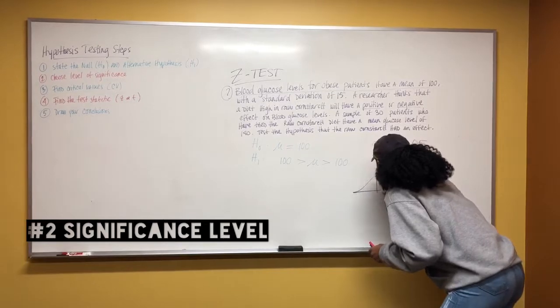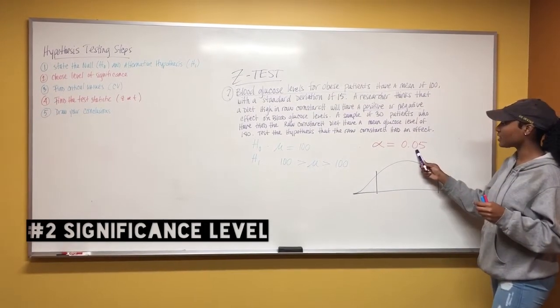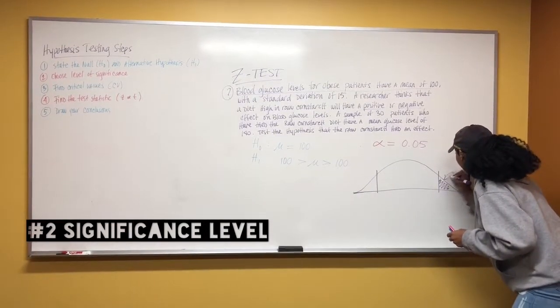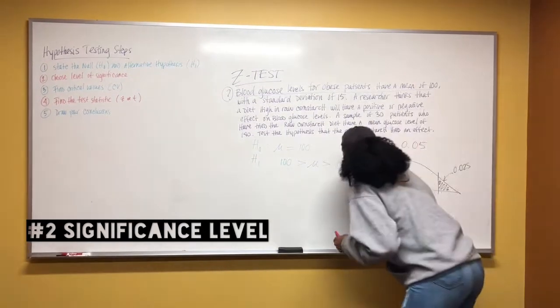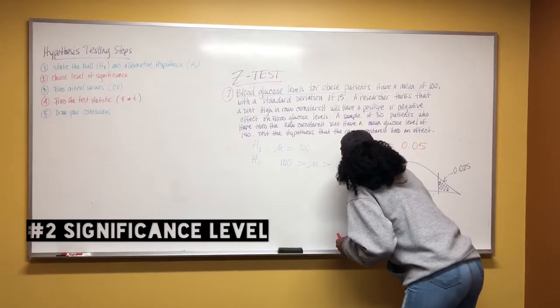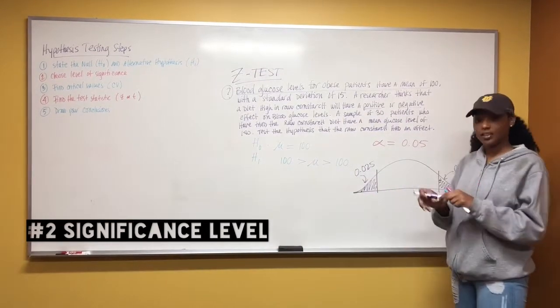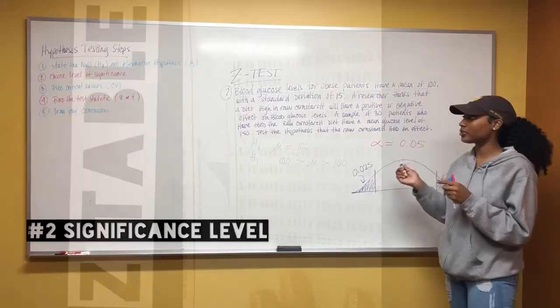So I'll draw it on both ends. This is our significance level, but I have to split this up into 2. So now it becomes 0.025 on this end, and 0.025 on the other end. Then I'll take you to the Z chart, and we can show you how we calculate the critical value.